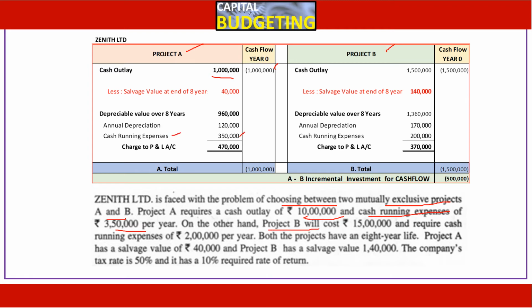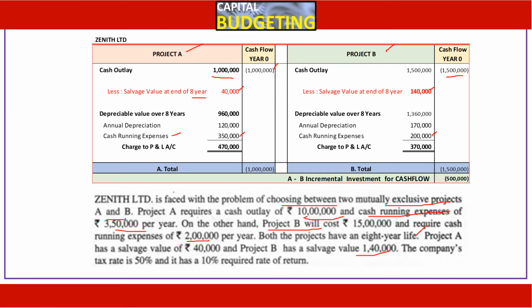On the other hand, Project B will cost 15 lakhs, outflow is 15 lakhs, and requires cash running expenses of 2 lakhs. Both projects have got a life of 8 years. Project A has a salvage value of 40,000, which is received at the end of 8th year. Project B has a salvage value of 1,40,000.